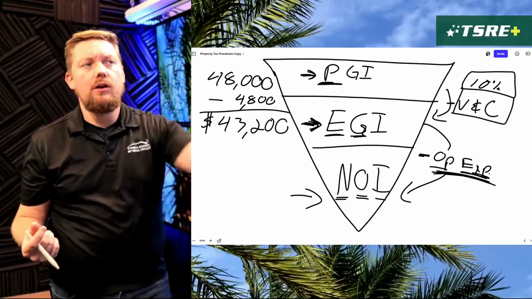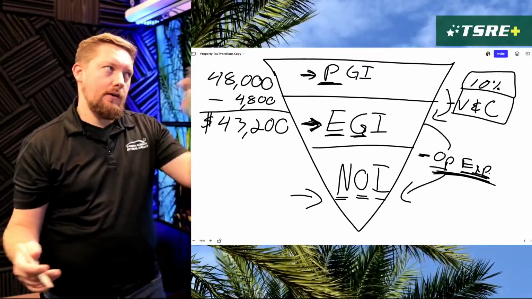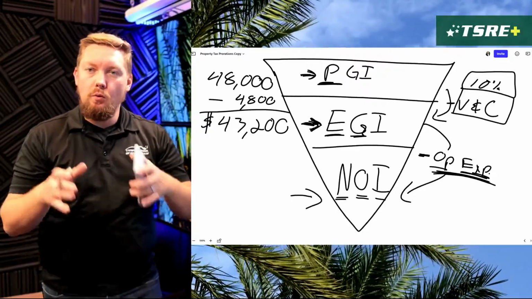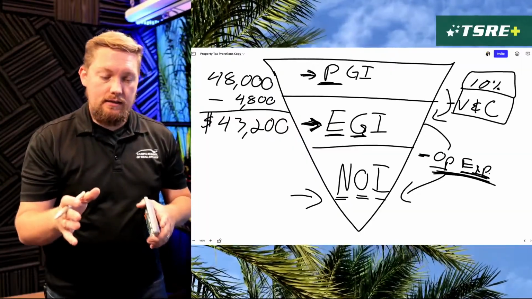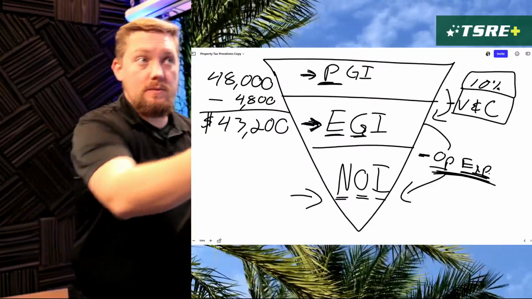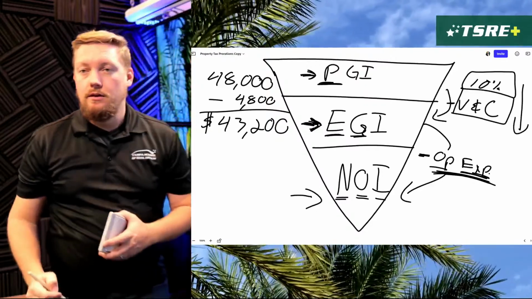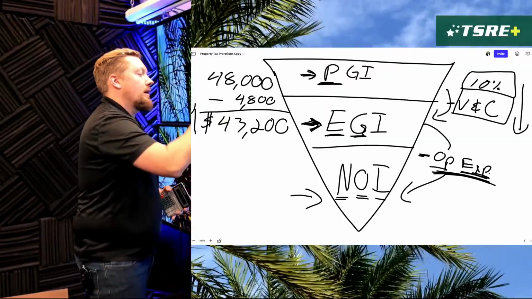And in the real world, you could always calculate that percentage by taking those losses and dividing them by the potential gross income to determine what percentage of that is lost, which is very good for understanding where the investment is trending, because you ultimately want to reduce this. Why would you want to reduce this? Well, because if you reduce this, that means more income.